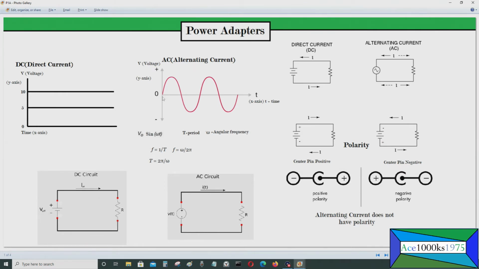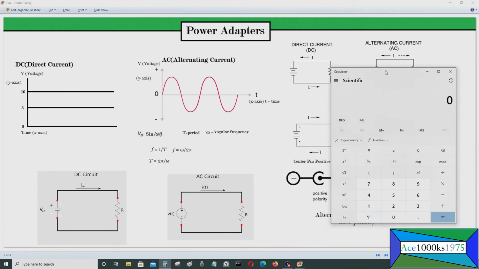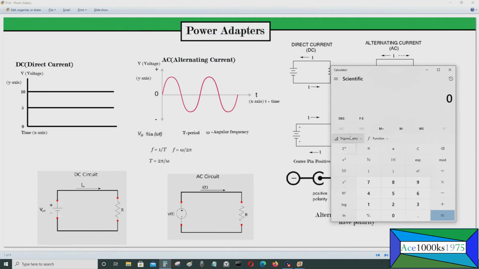When it starts, it's 0. When you use a calculator, like I'm going to show you here, 0, and I go to sine, that's 0, right? Then the next point in the cycle would be pi over 2, or 90 degrees. At 90 degrees, sine is 1.